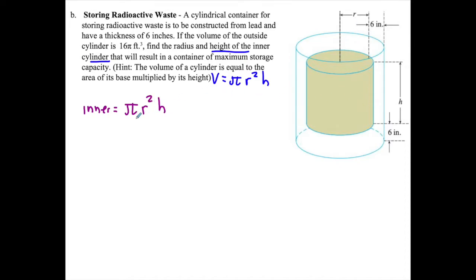Based on the picture, there are the dimensions they're giving us for the outer cylinder. First of all, notice how we have feet and inches. So I'm going to take the 6 inches and convert that to 1/2 foot or 0.5 foot, because then all of the dimensions are the same. You can't mix inches and feet into the same problem. It's not going to work out.